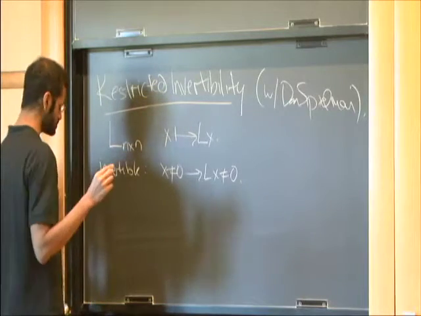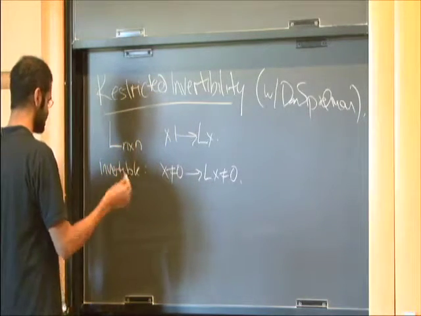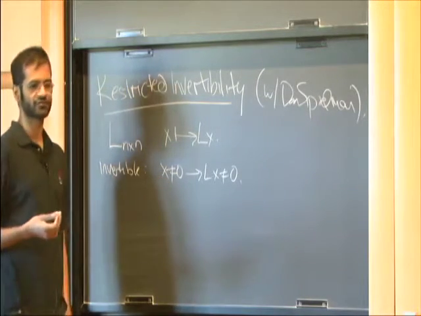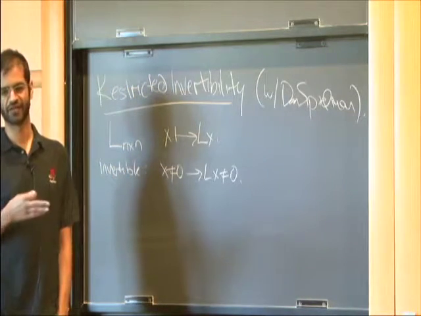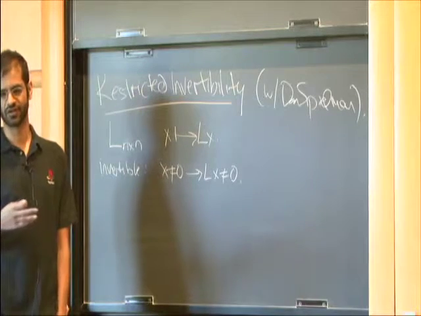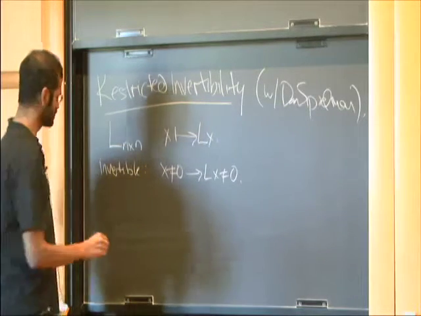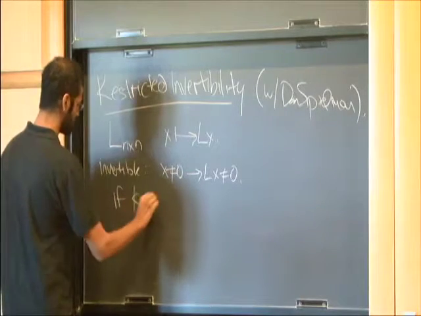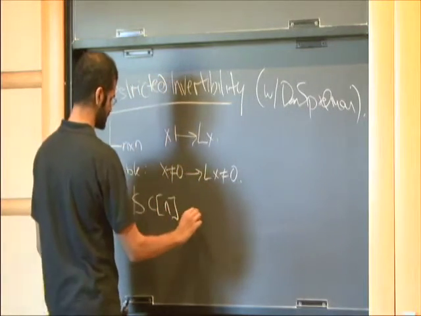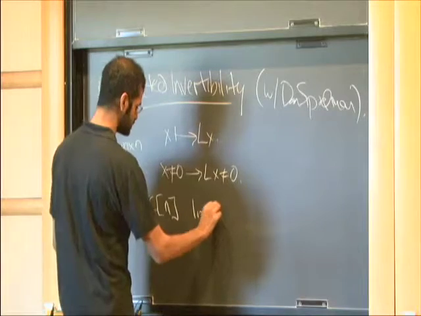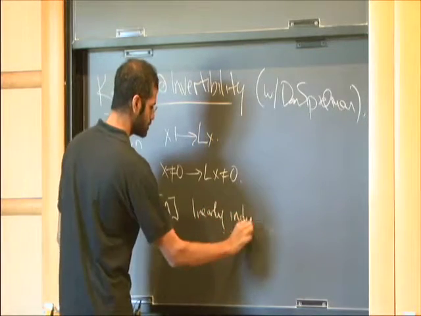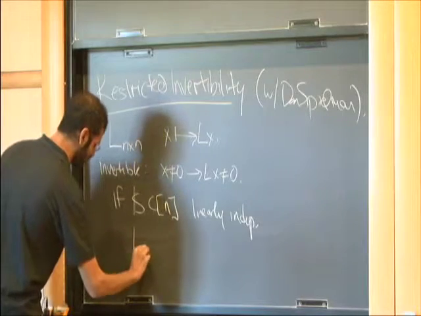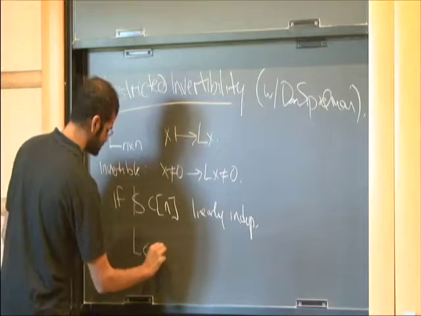Not every matrix is invertible, but one of the first things you learn in linear algebra is that every matrix has a submatrix of its columns which is invertible. In particular, if S is some subset of the columns that is linearly independent, then L_S is invertible.